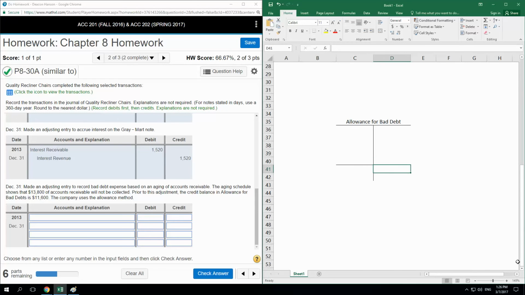They're saying that the balance should be 13,800, right? This is what we need the adjusted balance to be, right? This is what's needed in the account, okay? But prior to that, we're showing a balance of 11,600.